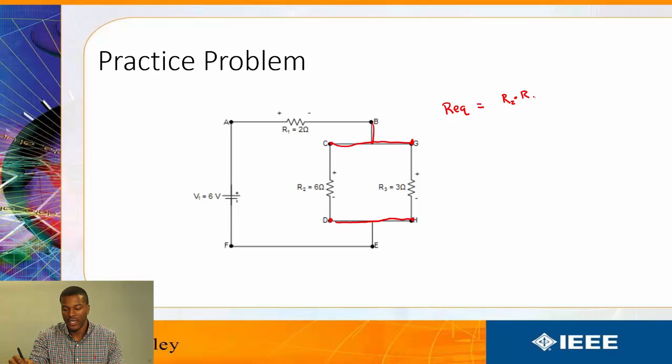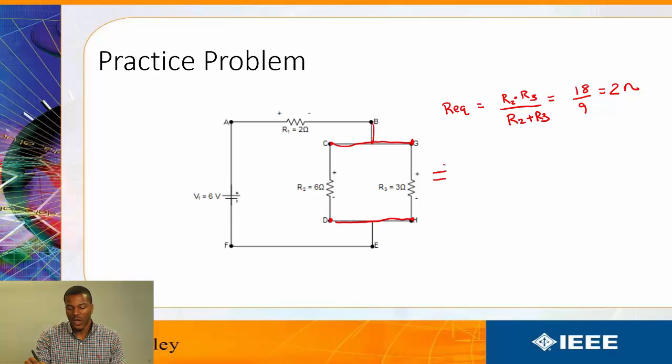So R2 times R3 over R2 plus R3. This will give us 18 over 9, or 2 ohms.